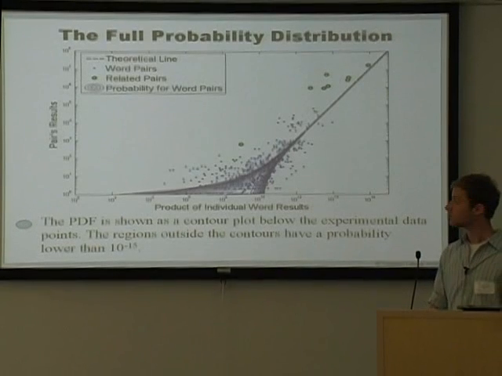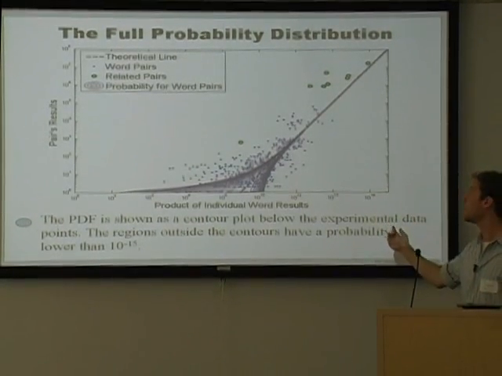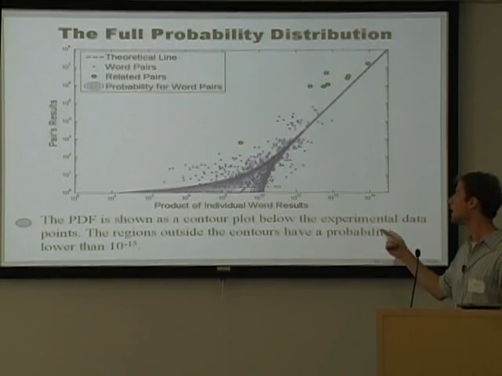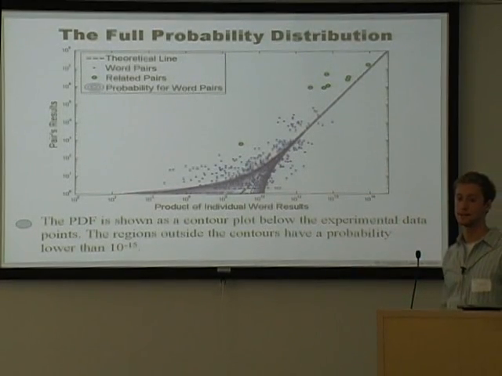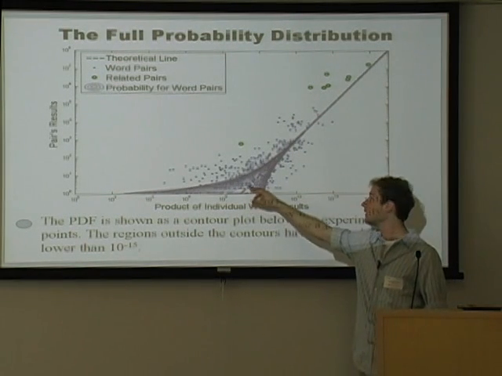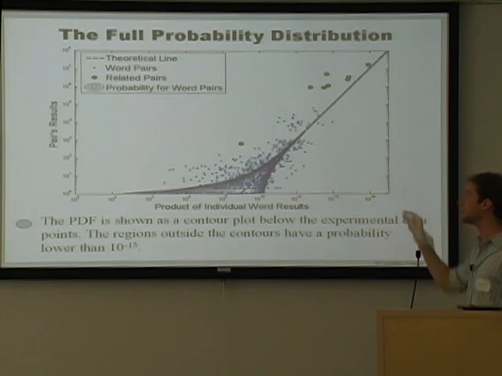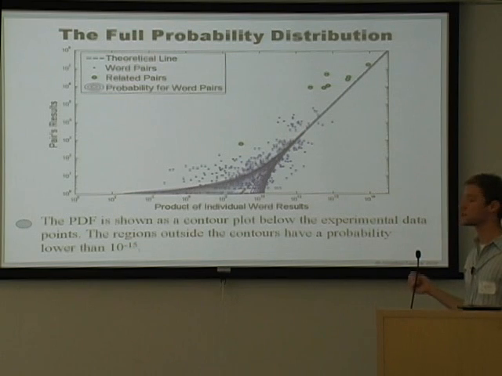If we now plot the exact probabilities, overlaid on the same plot for the word pairs, here those lines represent lines of equal probability, where you have a high probability over here, and it gets less and less as you go further out. And actually, it doesn't look bad because the general shape of that probability contour closely matches the general shape of all the points spread out.